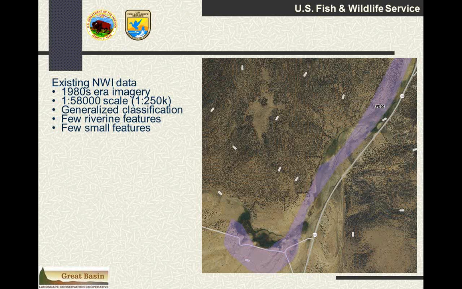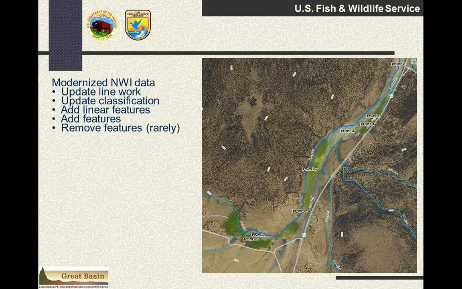What we're tasked with is changing this into a modernized NWI data product where we have updated line work, updated classification, where the linear features that were omitted or not served up previously are included, and where potentially missing features or smaller features that weren't previously mapped are included as well.